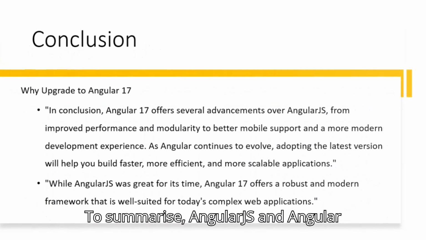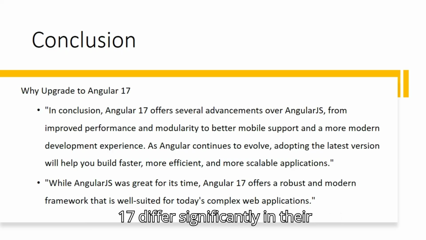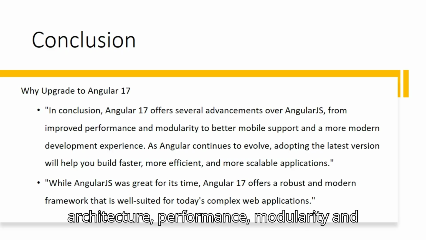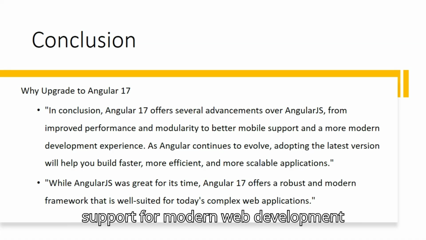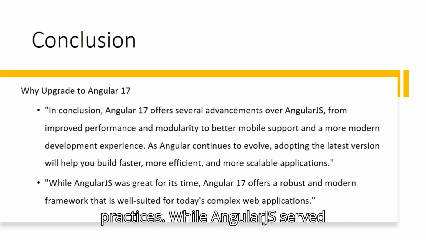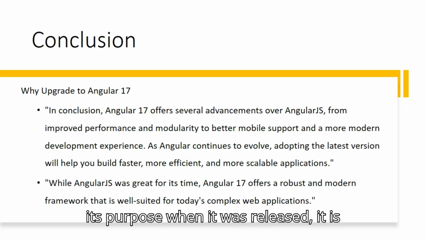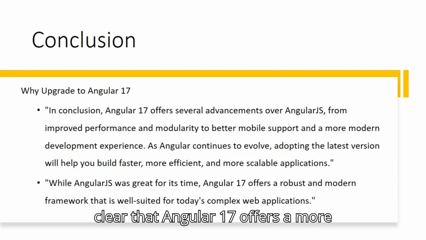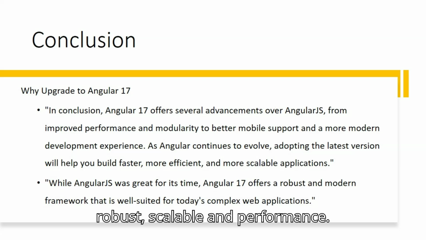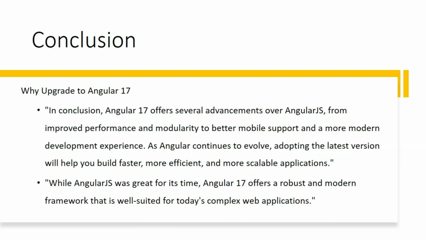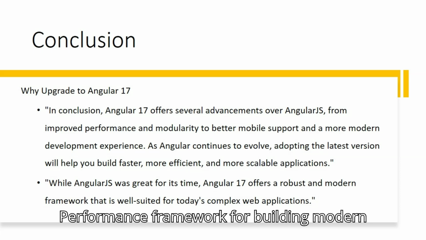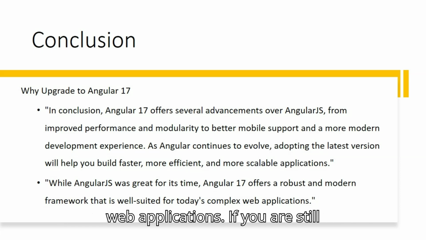To summarize, AngularJS and Angular 17 differ significantly in their architecture, performance, modularity, and support for modern web development practices. While AngularJS served its purpose when it was released, it is clear that Angular 17 offers a more robust, scalable, and performant framework for building modern web applications.